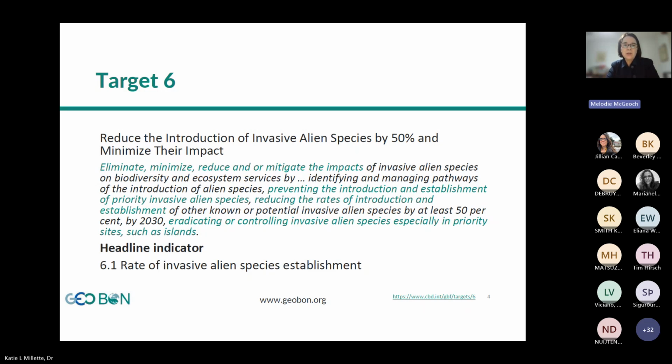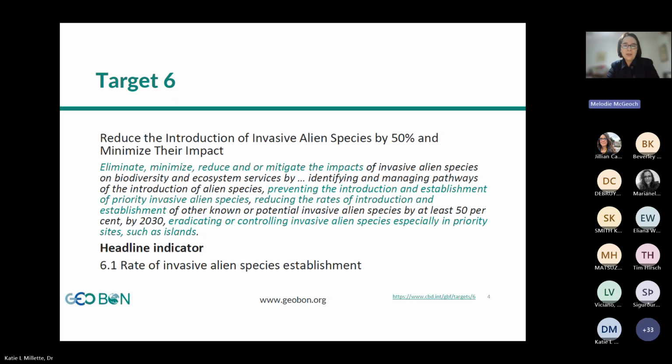We have one that has to do with preventing the introduction and establishment of priority invasive alien species. We have one that has to do with reducing the rates of introduction and establishment, and one to do with eradicating or controlling them, especially in priority sites such as islands. So a comprehensive suite of information to address this target cannot be covered by a single indicator.